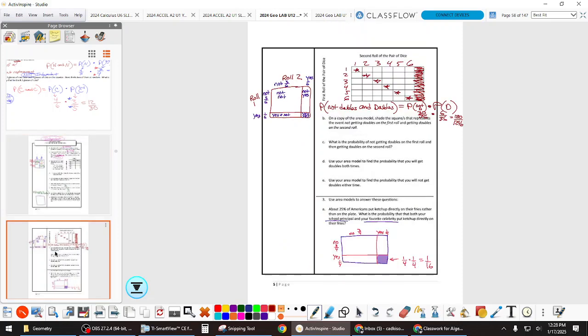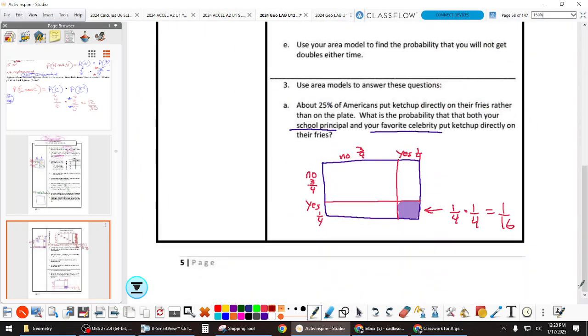Grab that packet, please. We left off with the ketchup on the fries problem, and I think we didn't have a chance to write it out, or at least I didn't. So I just want to clarify and make sure everybody's understanding this one, because it seemed like there's a little bit of confusion on these area models.